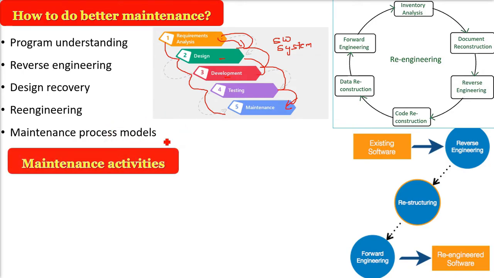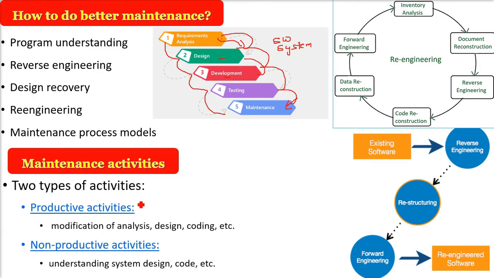So the maintenance activities, we can divide into two parts. They both are done, but one is productive, the other is non-productive. Non-productive means no work product is coming out of it. This is the time a maintainer would try to understand the design, the code, and of course the intricacy of how the software was made.